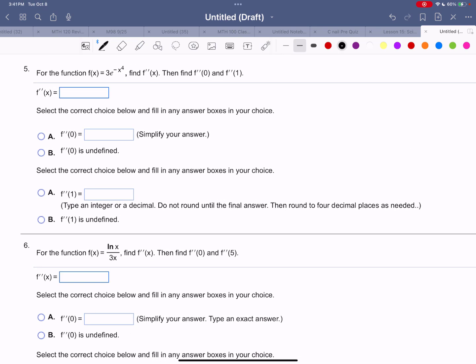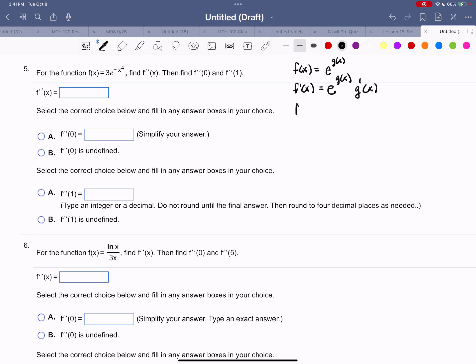Example 5, we have a function with e. And remember, e is just a value like pi. It's 3.14 approximately. E is about 2.7. So we're going to take its derivative, and we've got to use the chain rule. Remember, if f of x is e to some function, then the first derivative is you copy it just as is, and then you take the derivative of the exponent.